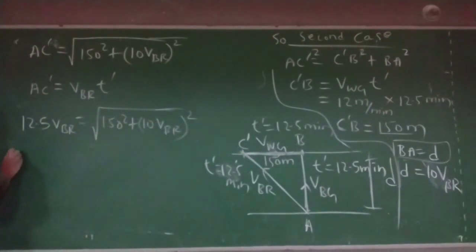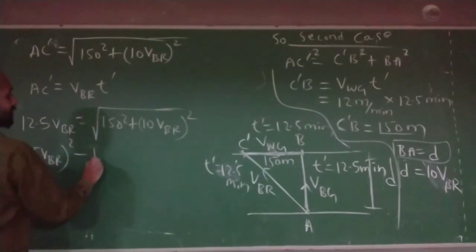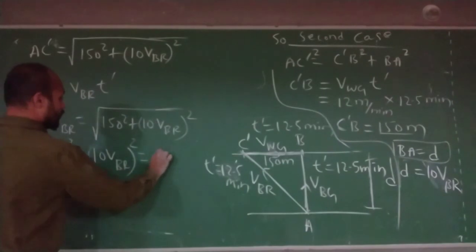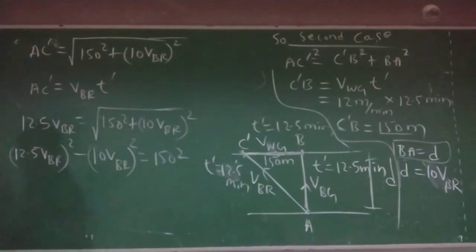So this will become 12.5 VBR whole square minus 10 VBR whole square equal to 150 whole square. This is the last equation which I am going to get.